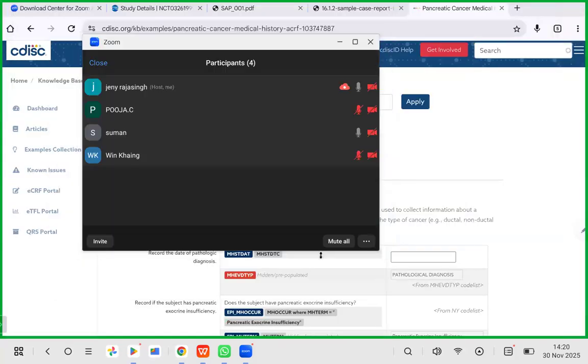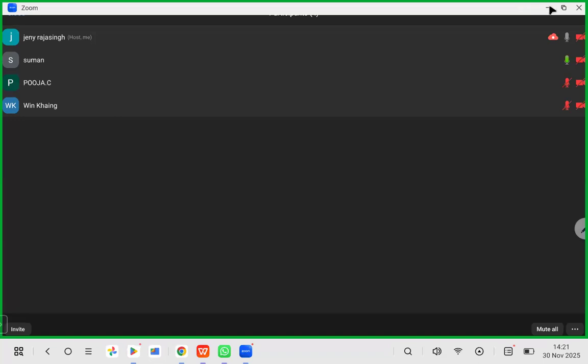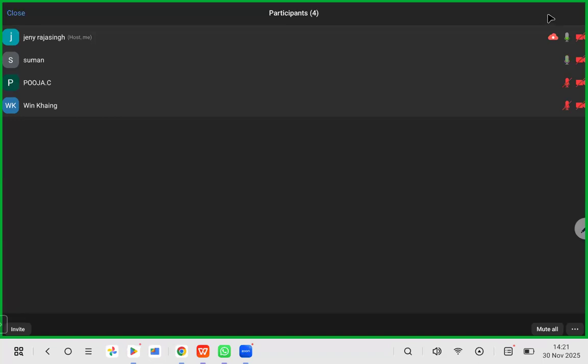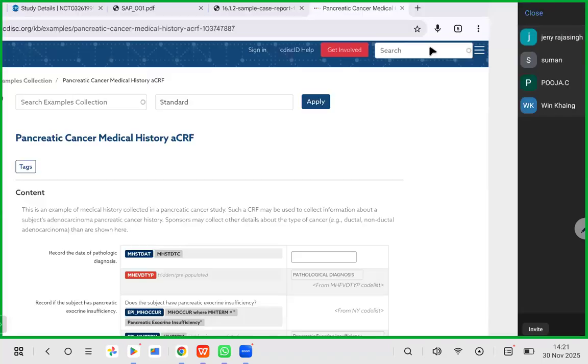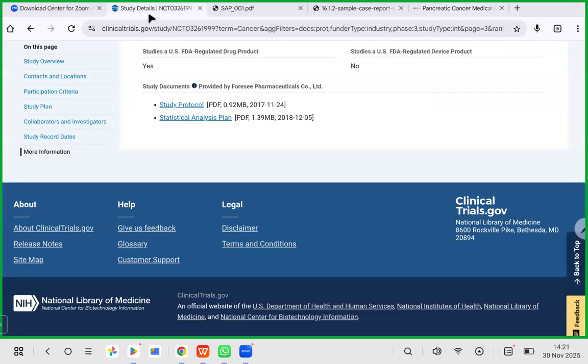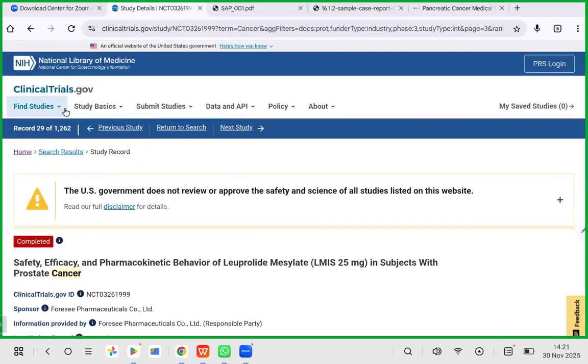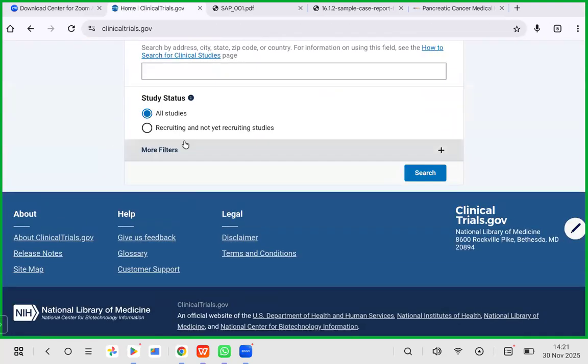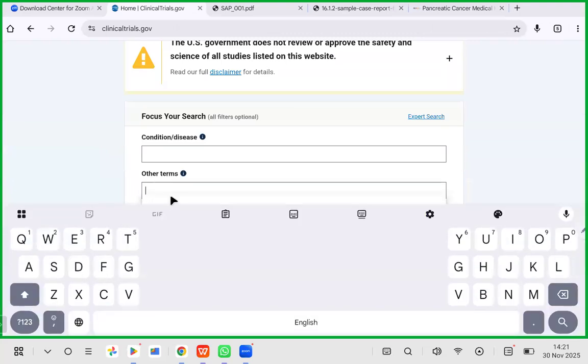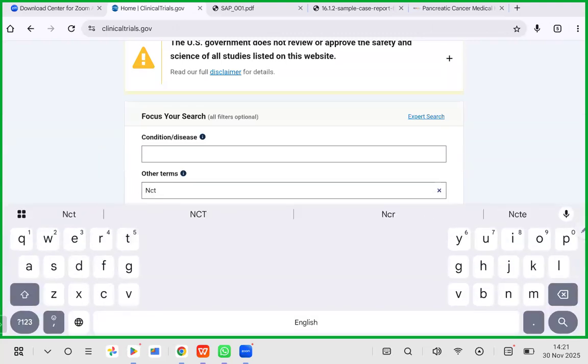On clinicaltrials.gov, if they give us the NCT numbers, can we directly search for the related paper? Yeah, each trial has an NCT ID. If you know the NCT ID, on the front page of ct.gov there is something called other terms, so you can search using the NCT ID.